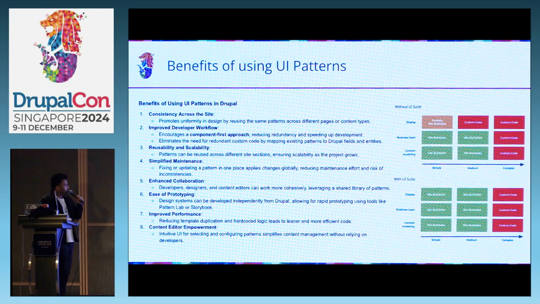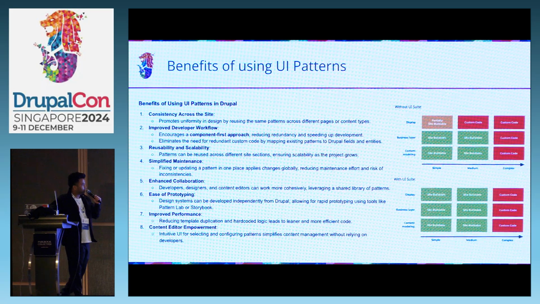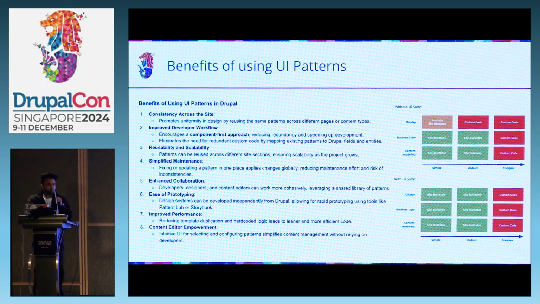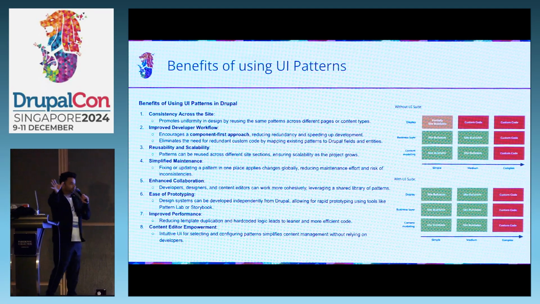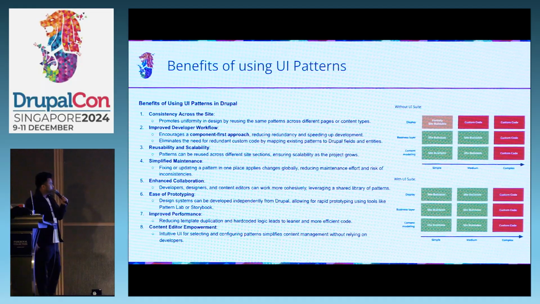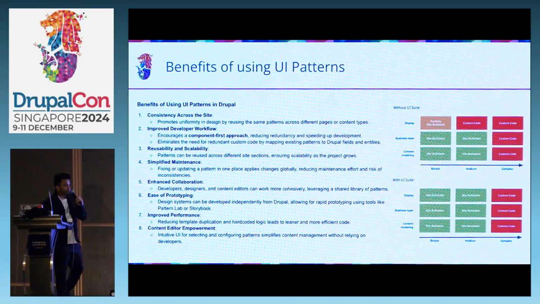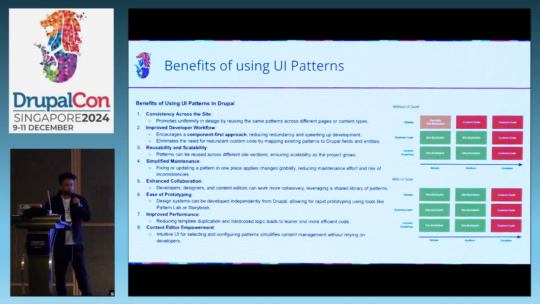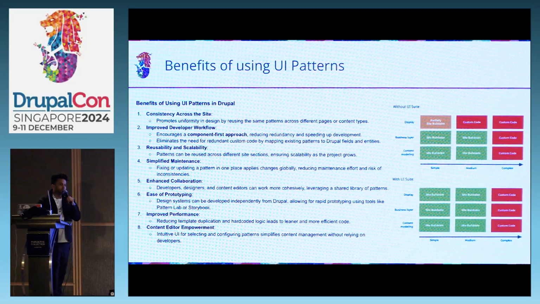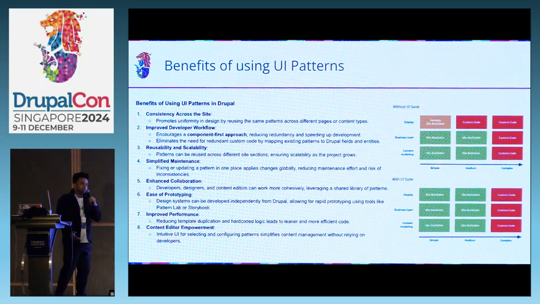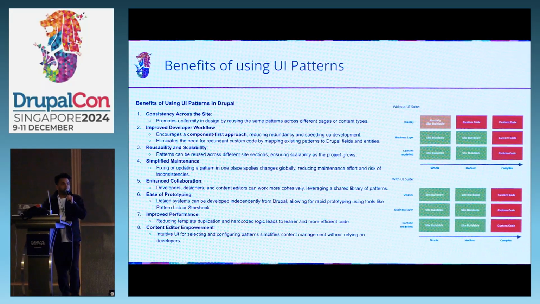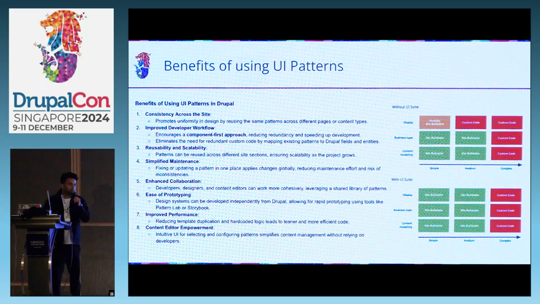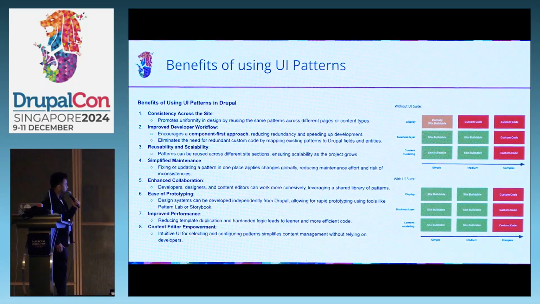These are the benefits of using UI Patterns. You can have consistency across your site: if you have a component in one place, it will look and behave the same way across the site. It also improves your development workflow, because you can reuse the same thing and not invest the time again, which saves a lot of time for your development teams.